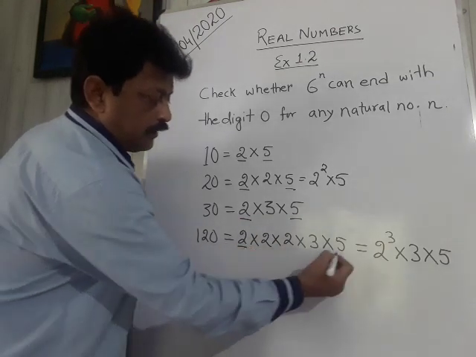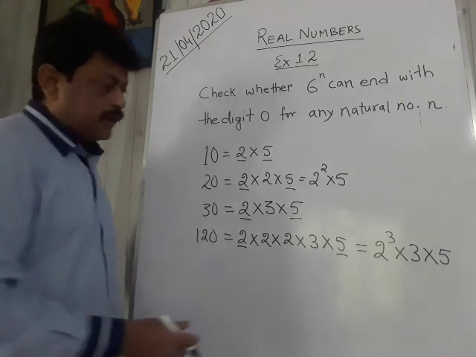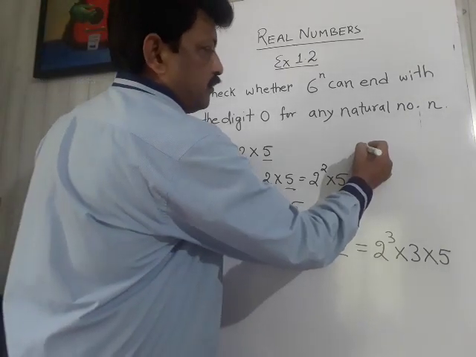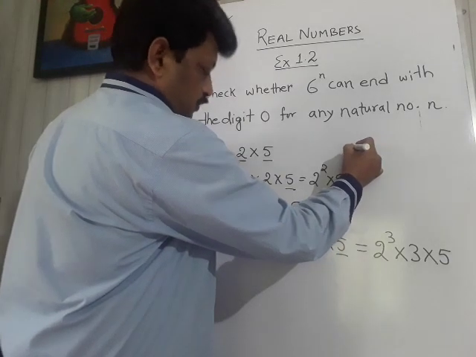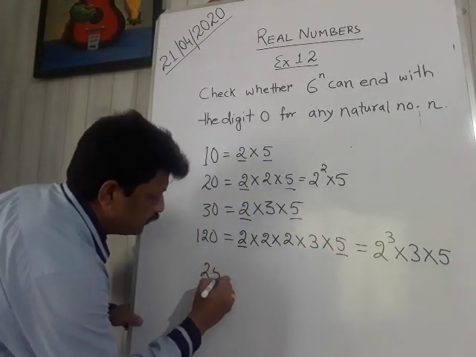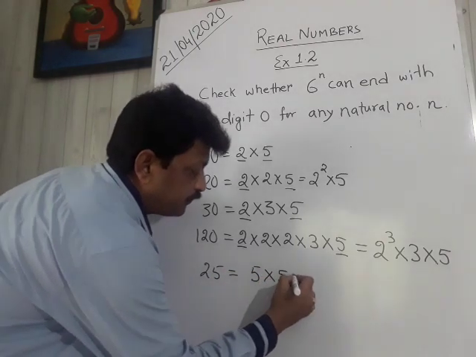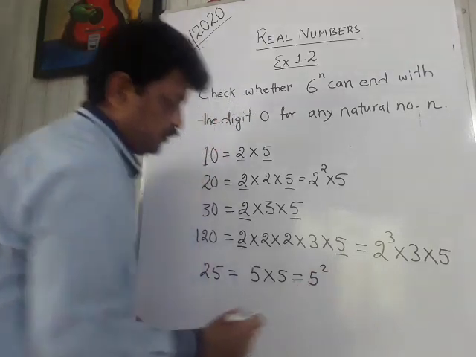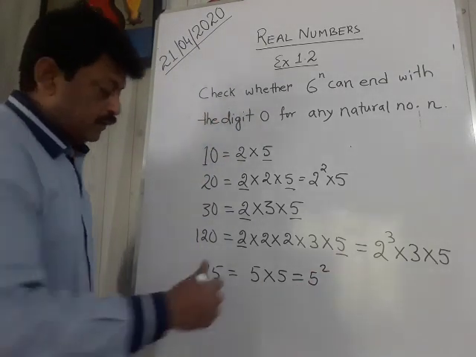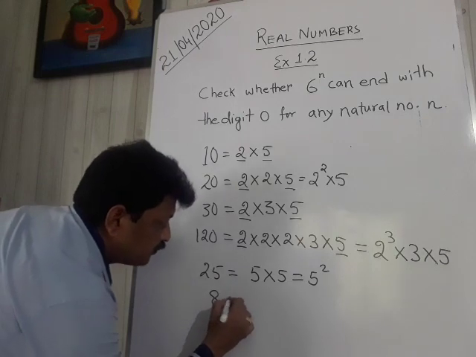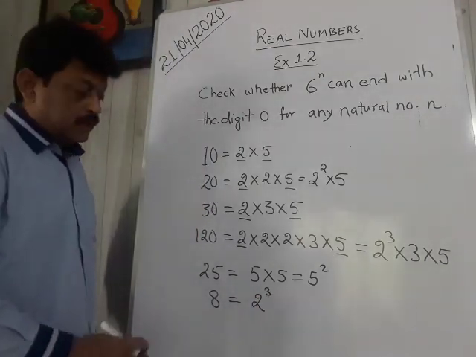If I take any other number like 25, then though its prime factorization has 5 into 5, it does not have 2. Take another number, 8. It has prime factor 2 only and no other.